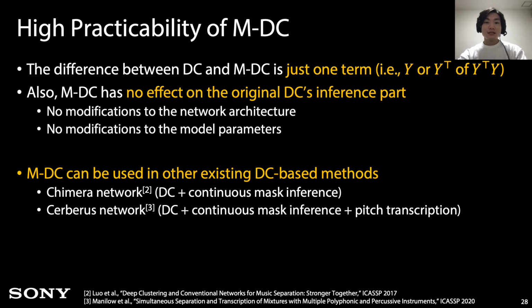Also, since the difference appears only in the loss function during training, MDC has no effect on the original DC's inference part. Therefore, MDC can be used in other existing DC-based methods, such as the Chimera network and the Cerberus network. The change from DC to MDC improves the accuracy of such methods as well.